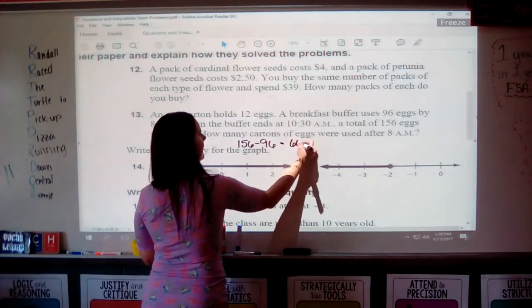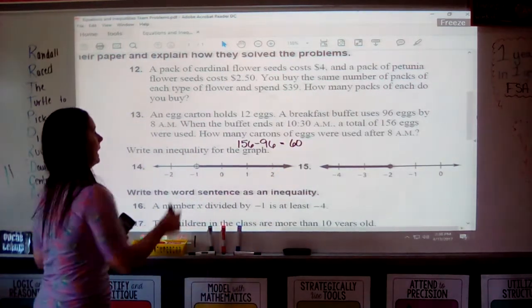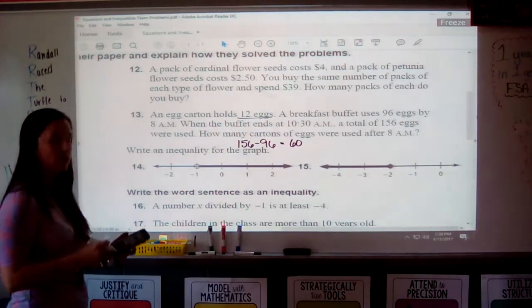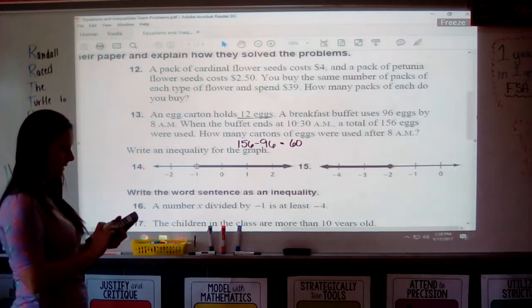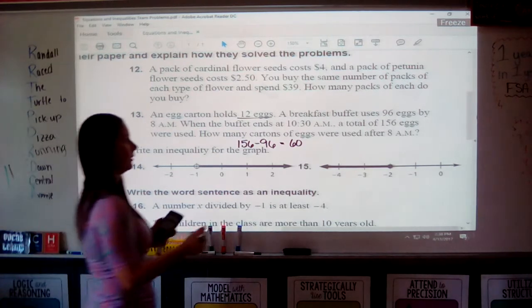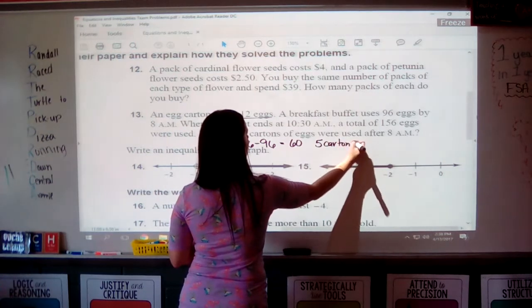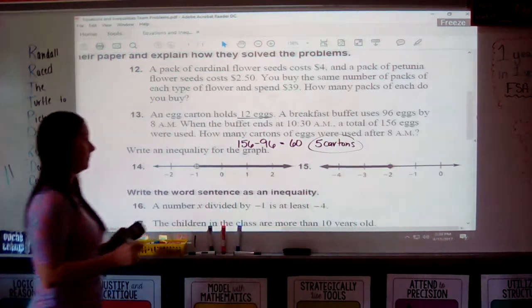That means we had 60 eggs used, and there are 12 eggs in each carton, and they want to know how many cartons of eggs. So I want to divide 60 by 12 to see how many actual cartons. So 5 cartons of eggs were used after 8 a.m.